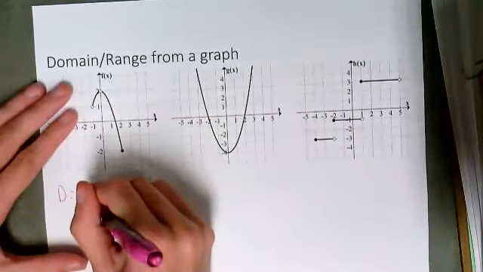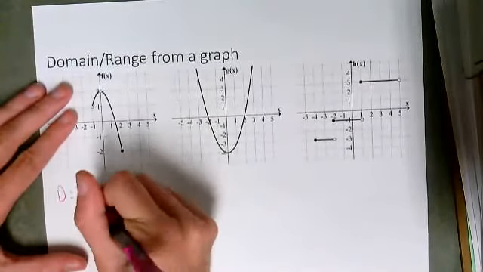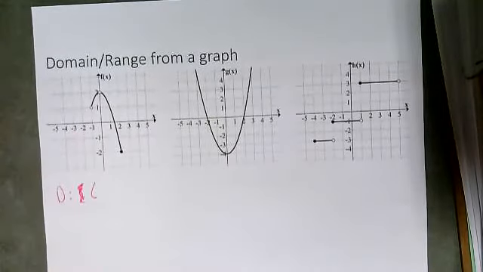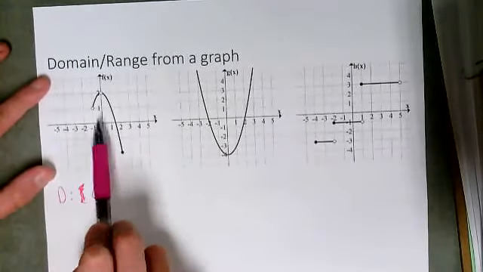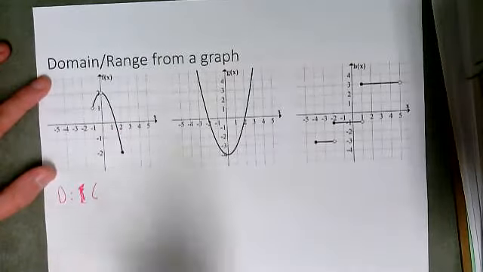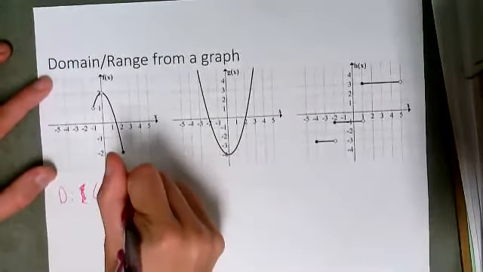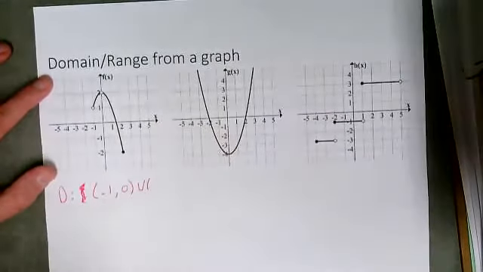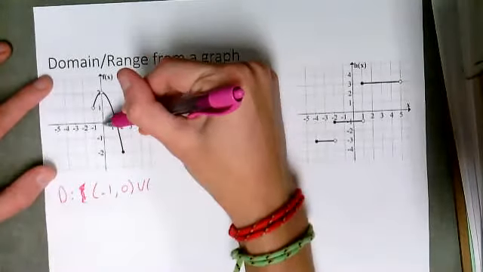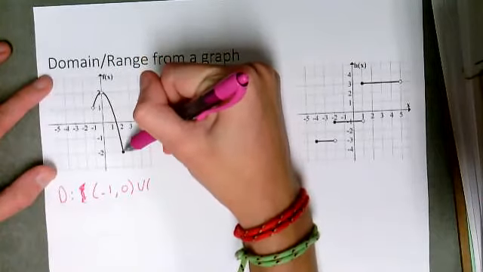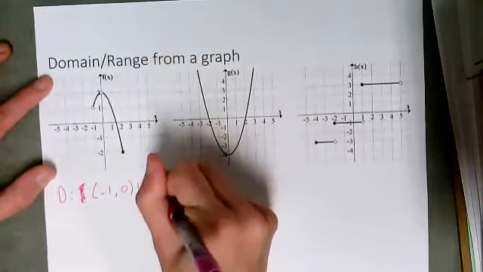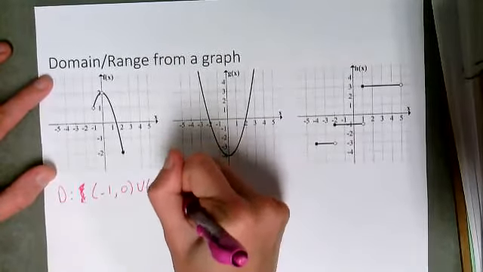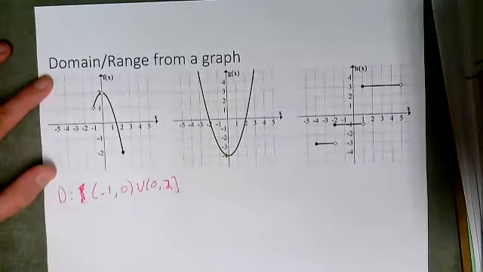So it starts at -1, but it's not including -1 because that's an open circle. It goes from -1 to 0 because we have another open circle. So we go from -1 all the way to 0. Union. We have another interval from 0 all the way to 2. Right? And we include 2 because this is a solid dot. So we have a bracket.